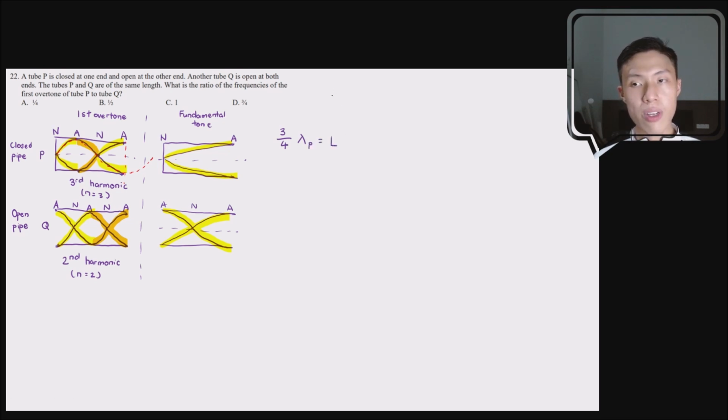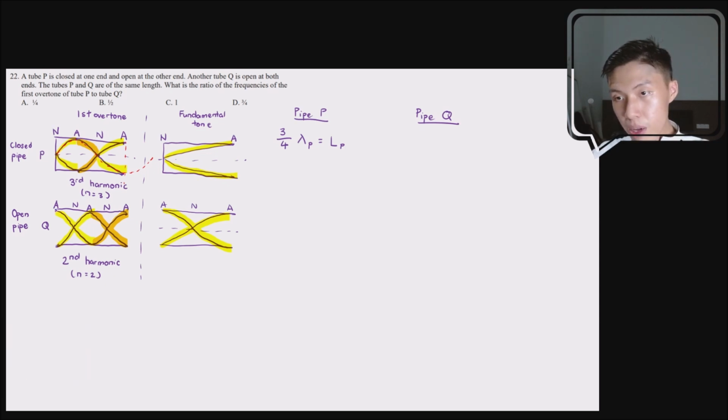So you know that the tube has a length of L. So 3/4 of the wavelength is equal to the length of pipe P. Okay, so this is pipe P. Whereas for pipe Q, how many times do you see a wavelength appear?